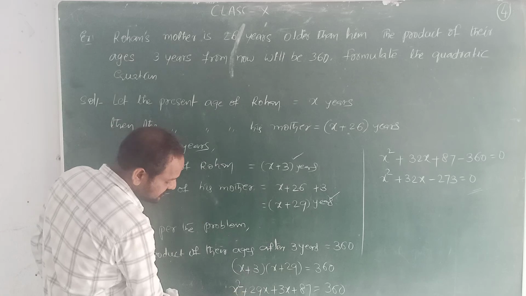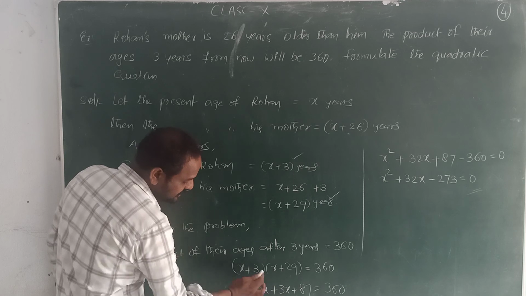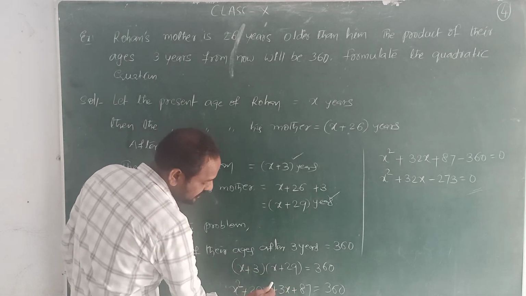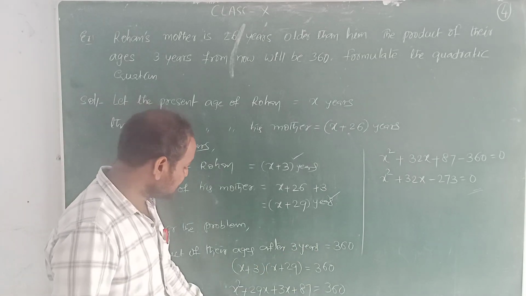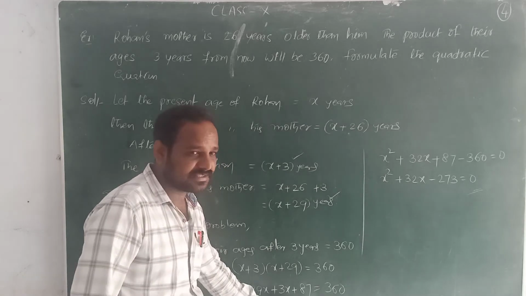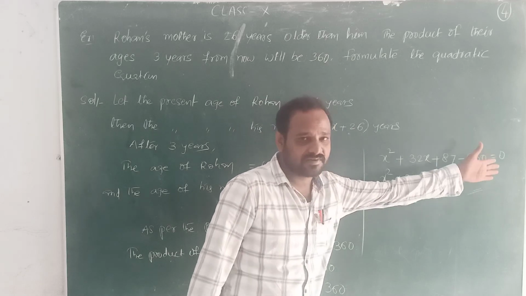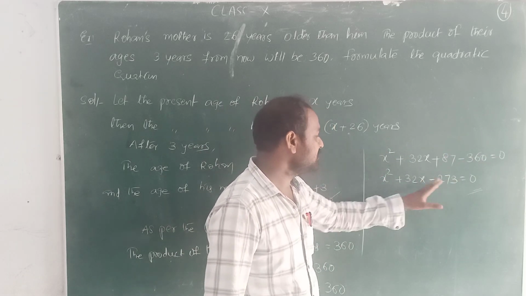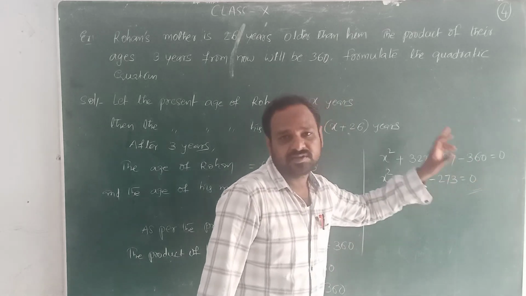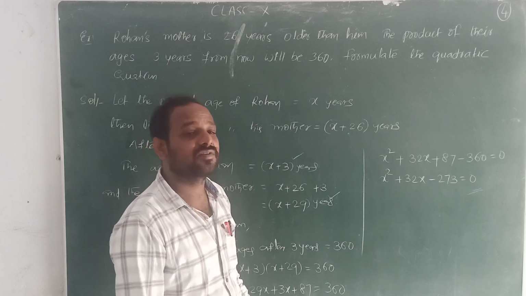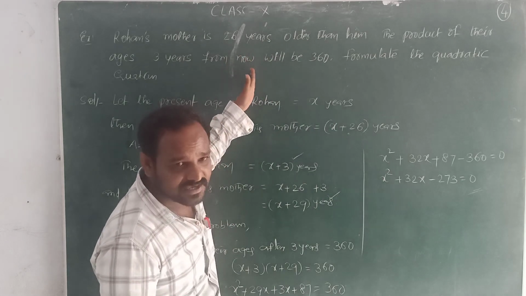So x into x, x square, x into 29, plus 29x, plus 3 into x, plus 3x, plus 3 into 29, we got plus 87, equal to 360. So now here x square plus 29x plus 3x, 32x, plus 87, when we transpose it becomes minus 360 is equal to 0. So by doing subtraction, we got x square plus 32x minus 273 is equal to 0. So this is the quadratic equation which is required as per the given information.